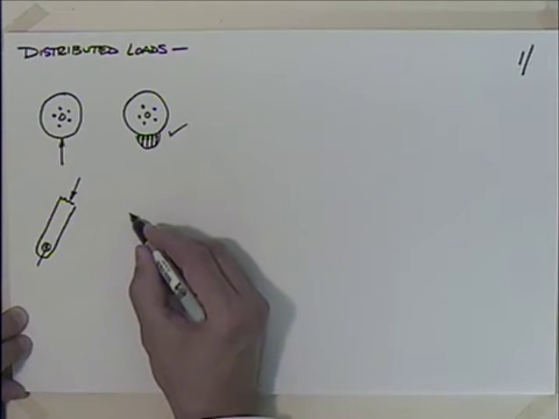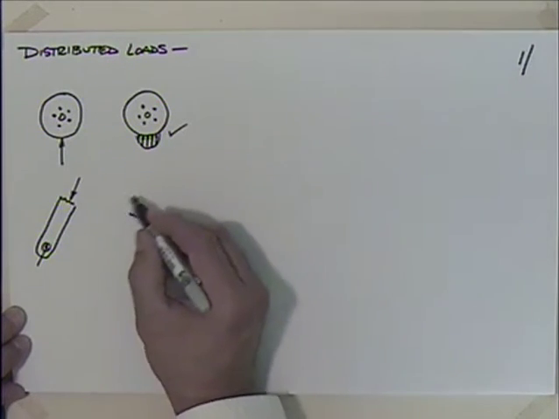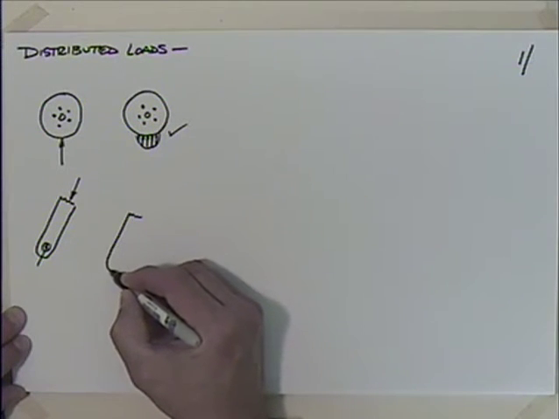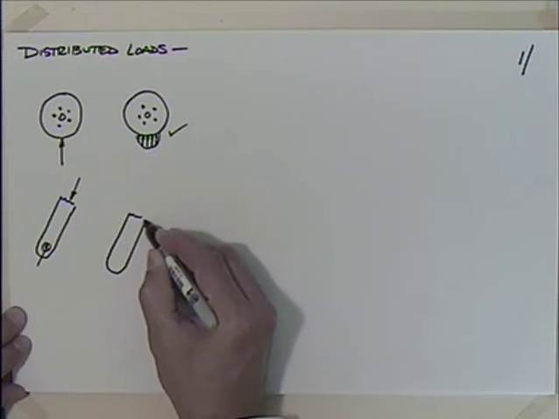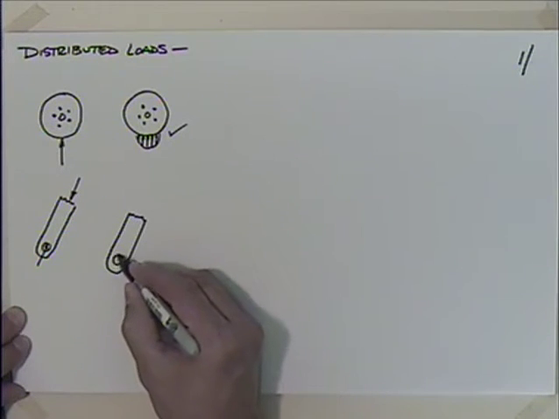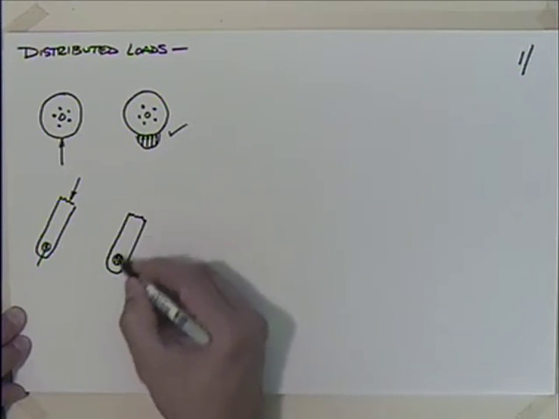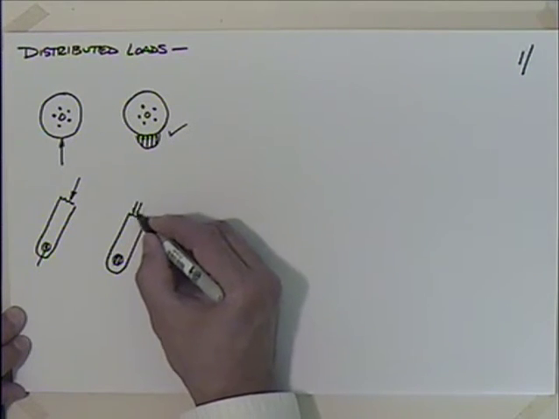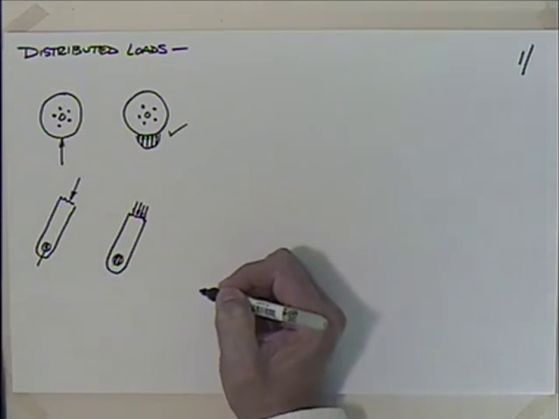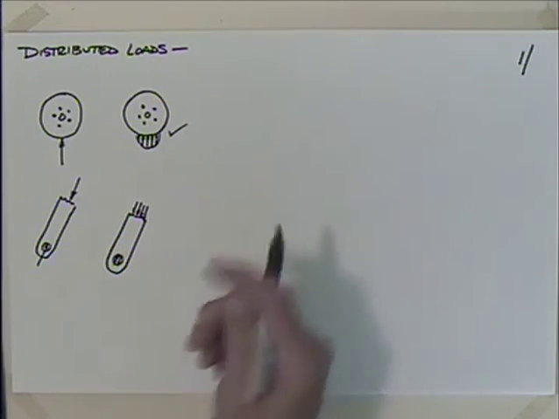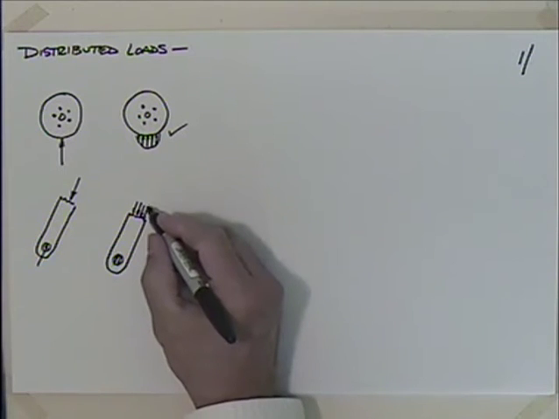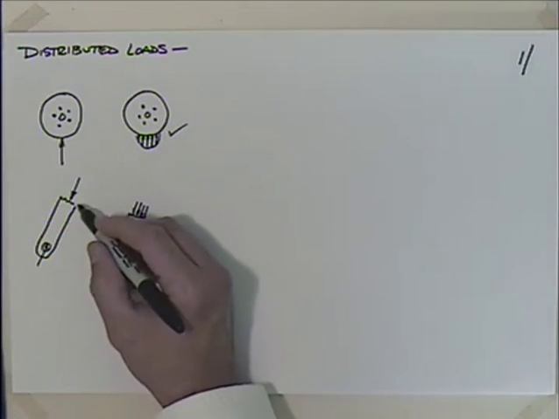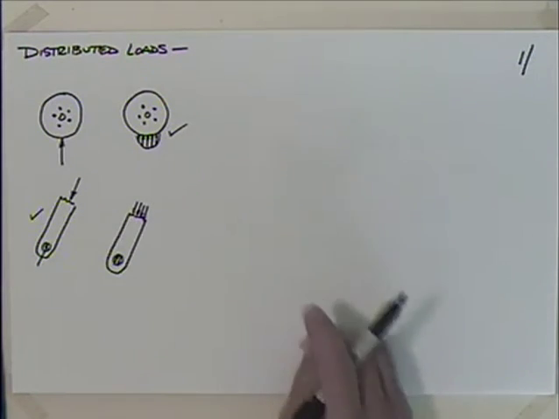This is not bad, depending on what we want to do with it, but eventually we're probably going to think about this as some load distributed over the surface of the hole, the bearing of the hole there, and then some load distributed like that. So we'll talk about this a lot in strength of materials, third term. But for a lot of our structural analysis, this one works just fine.